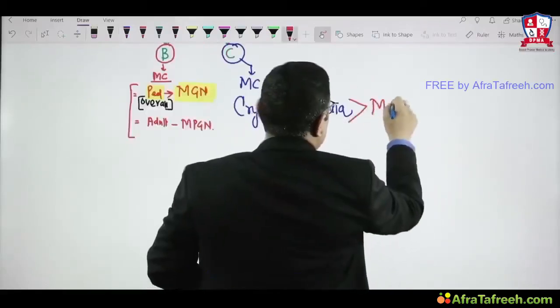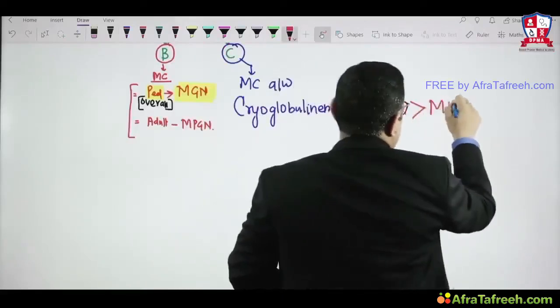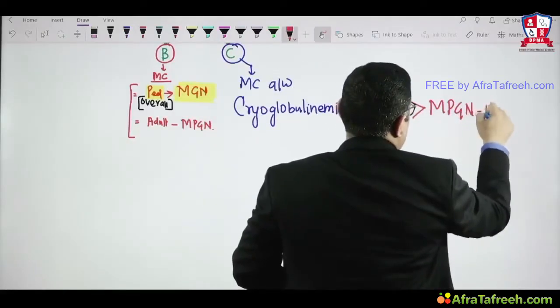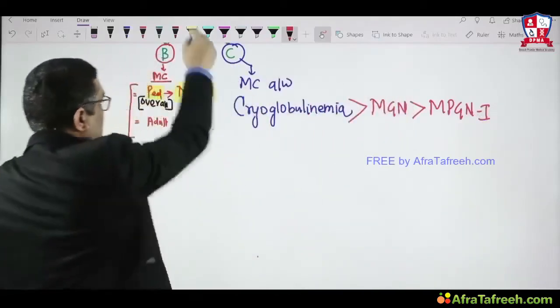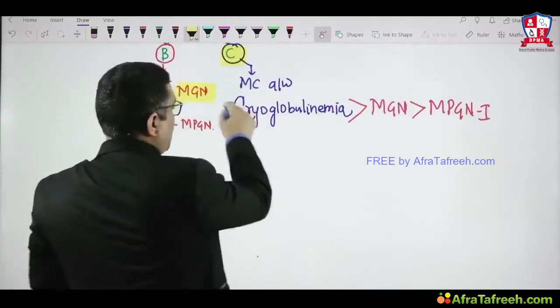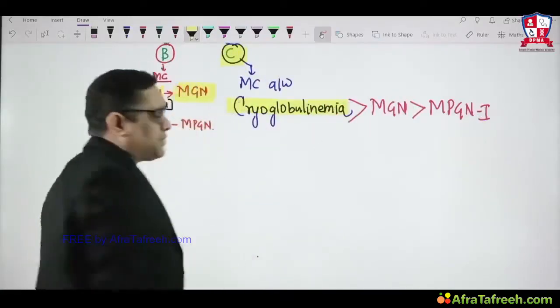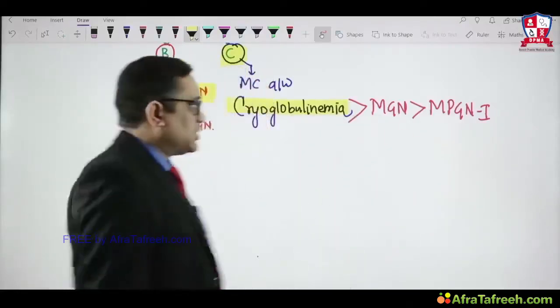After this, membranous glomerulonephropathy, and the last one is MPGN type 1. This is the order we need to remember. This was the All India question previous year, right? If cryoglobulinemia is not given, think about membranous, then MPGN type 1.